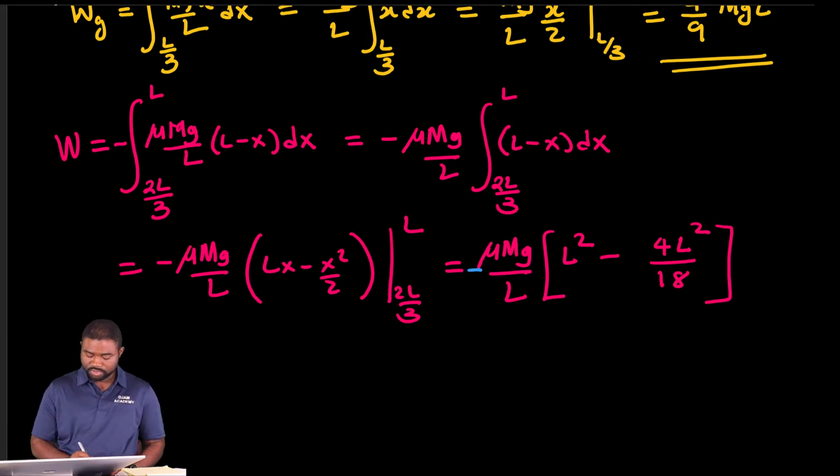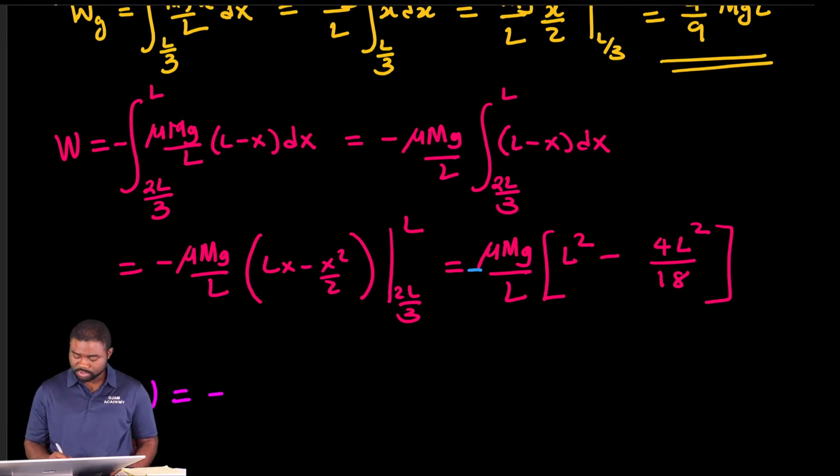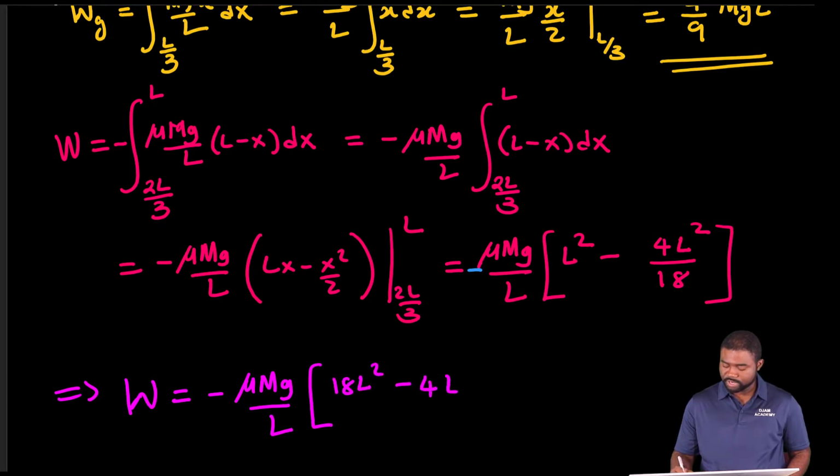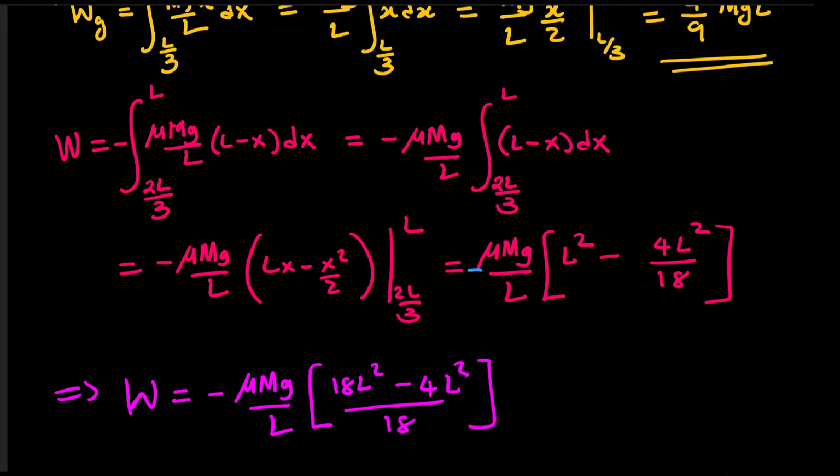So this would imply that W will be equal to negative mu capital Mg over L bracket 18L squared minus 4L squared all divided by 18. 18 minus 4 gives us 14.